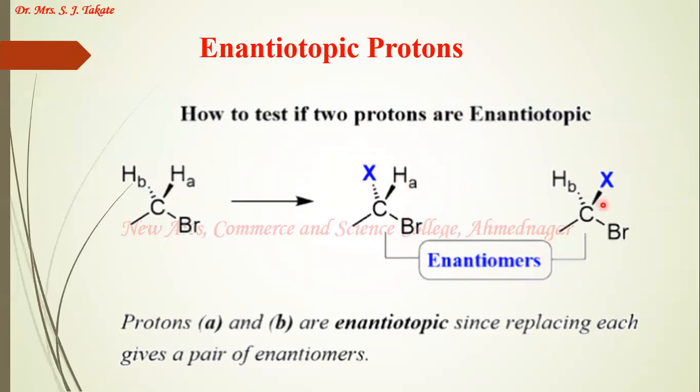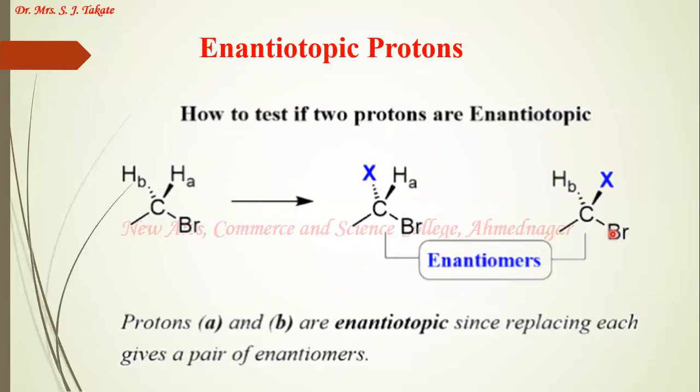So what are these two? You will find that after replacing the protons by the X group, a chiral molecule, an asymmetric compound, is generated, and these two are mirror images of one another. After rotation, you will find that these two are mirror images of one another, and as they are mirror images, they are enantiomers of one another.